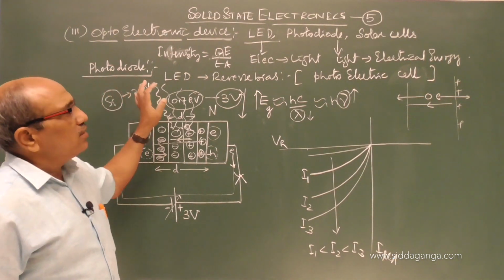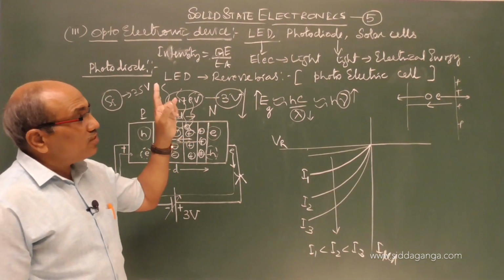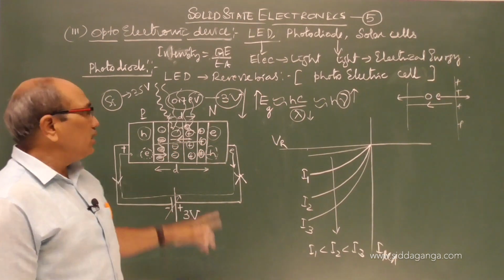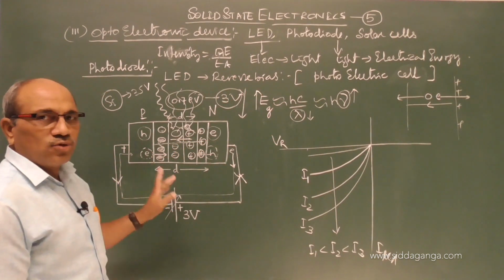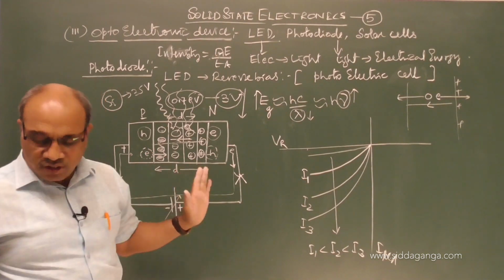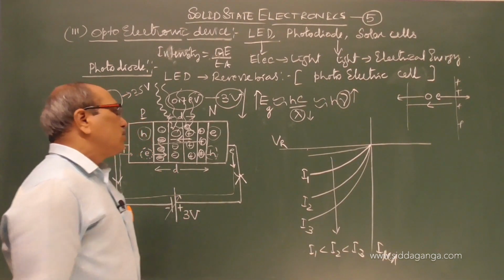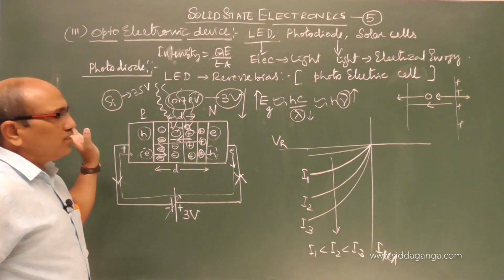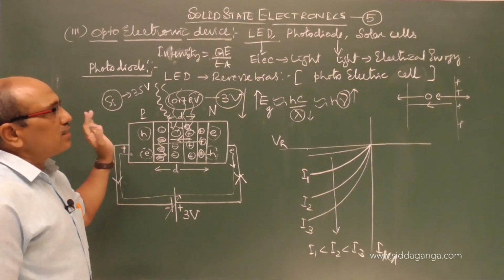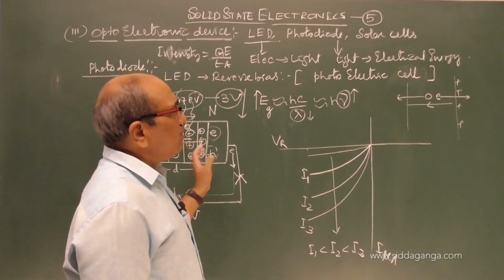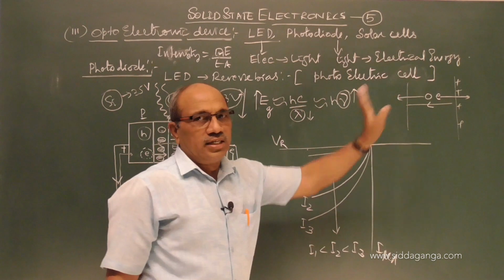Photodiodes are nothing but diodes which convert light energy into electric energy. It is used in reverse bias. I told you clearly the reason why it is used in reverse bias. So that is enough regarding the photodiode. They may ask you what is meant by photodiode. It is a semiconductor diode which works under reverse bias where it converts light energy into electrical energy.